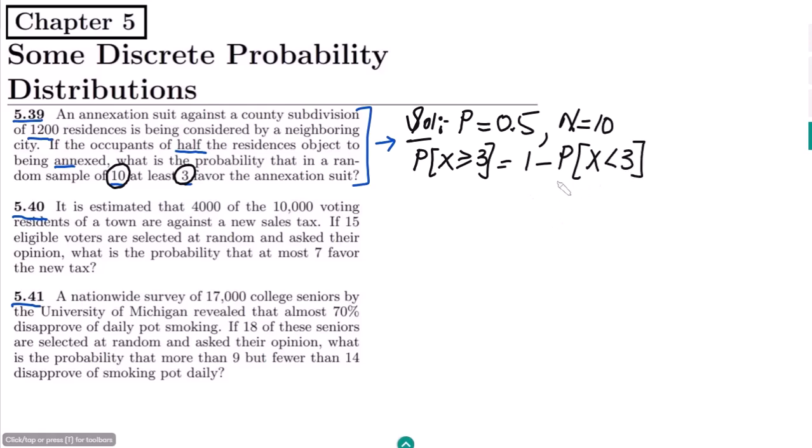This is clearly the binomial probability theorem, and here we will basically use the binomial approximation.